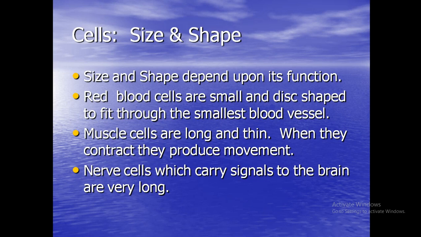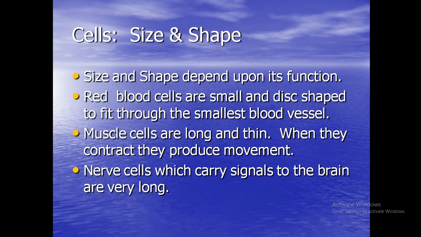You have seen the RBC cells. Why are they round and so? Because they should be able to squeeze through the minute blood capillaries. They are this shape. They should be perfect. They should fit themselves in the smallest blood vessels, that is the blood capillaries.